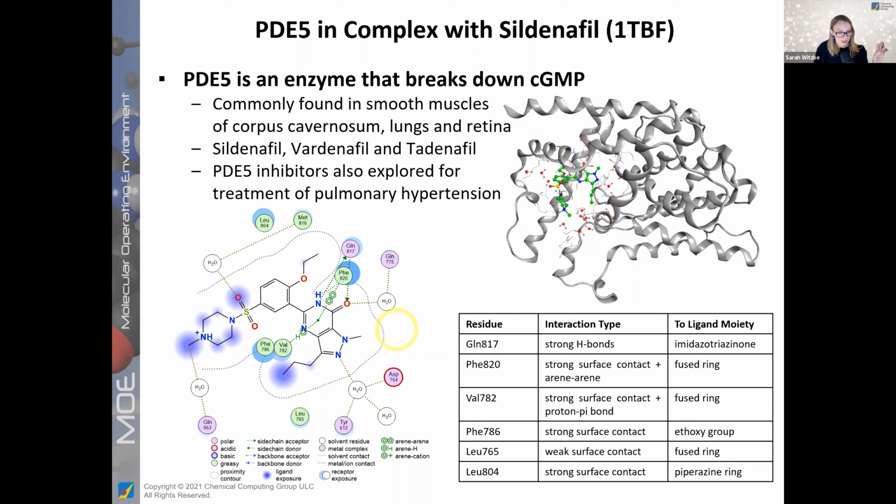So if you focus down in the bottom left corner here, we have in the middle of the picture in line drawing, sildenafil. And around sildenafil, we have the nearby residues. They are color coded so that if they are pink, or let's call it purple pink, they're polar. And if they're green, they're greasy. On each of these residues, there is annotated if they interact with a specific interaction with the ligand.